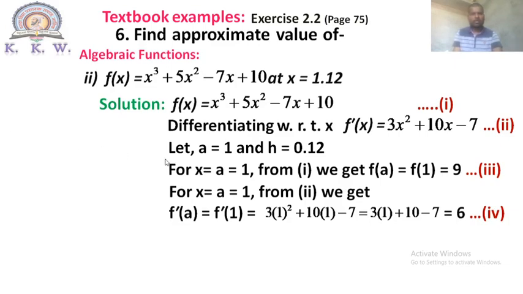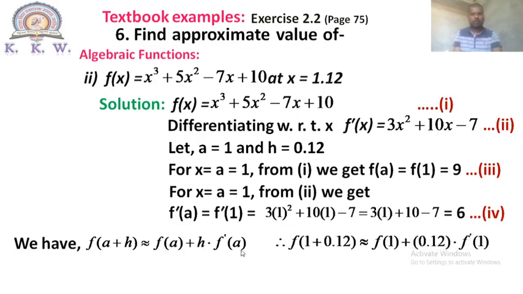Now we'll put these values in the formula of approximation. f of a plus h is approximately equal to f of a plus h into f dash of a. Therefore f of 1 plus 0.12 is approximately equal to f of 1 plus 0.12 into f dash of 1. Value of f of 1 is 9, value of f dash of 1 is 6 and h is 0.12.